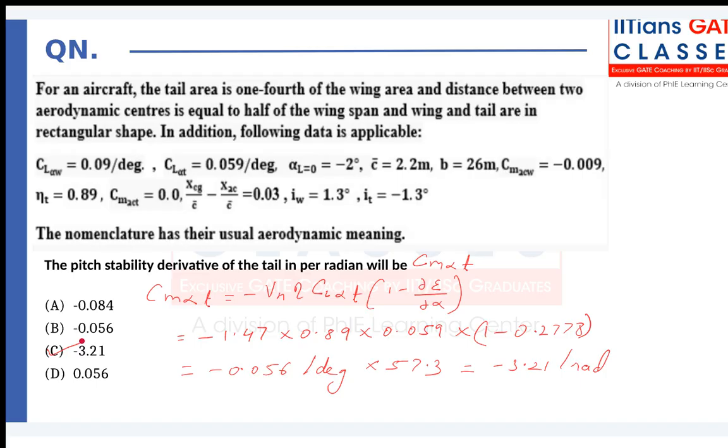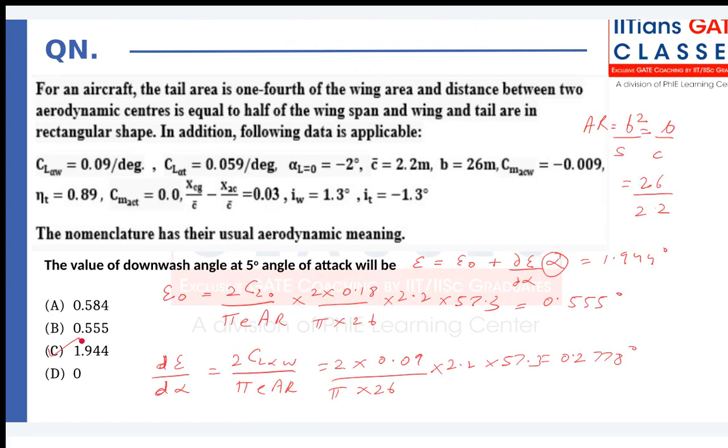How did 0.2778 come? In the previous question we had already calculated d epsilon by d alpha, so I just took 0.2778 from there.